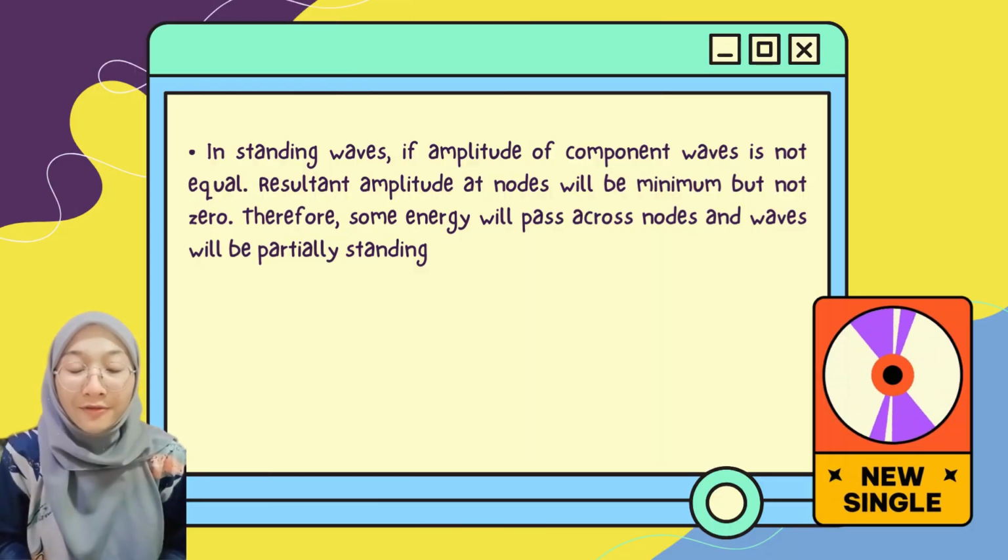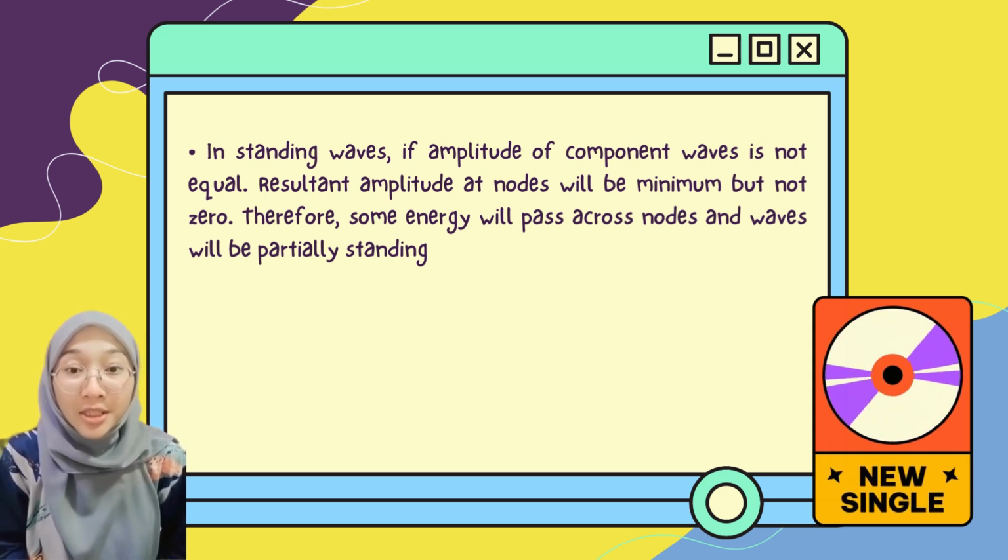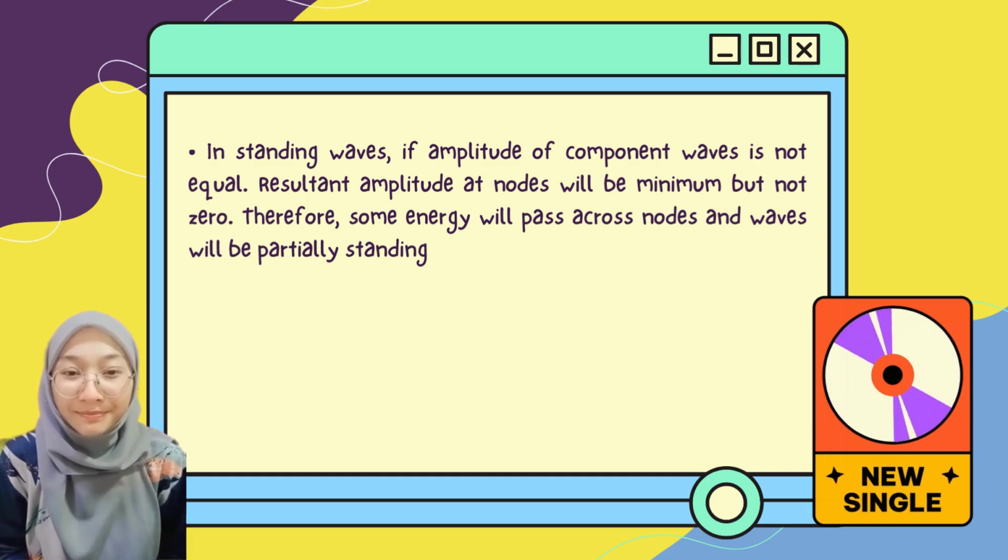In a standing wave, if the amplitudes of the component waves are not equal, the resultant amplitude at nodes will be minimum but not zero. Therefore, some energy will pass across nodes and the wave will be partially standing.